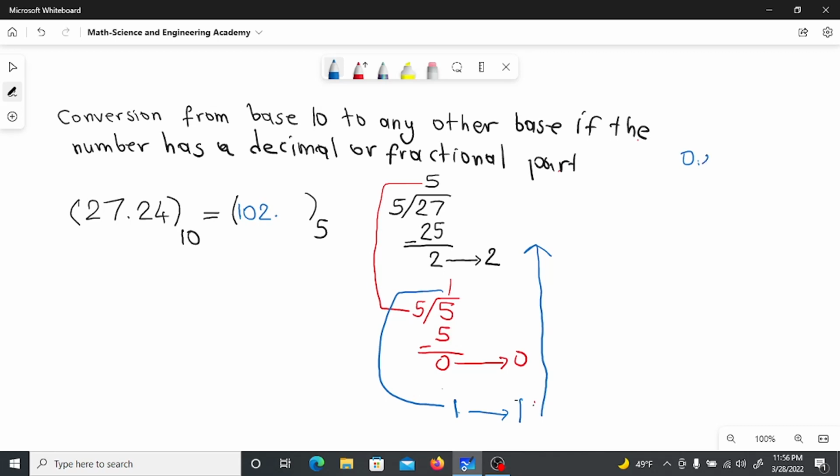Okay, let's try to get the decimal places or fraction part, 0.24. Since we want to move to base 5, we just multiply by 5. 0.24 times 5 is 1.2.